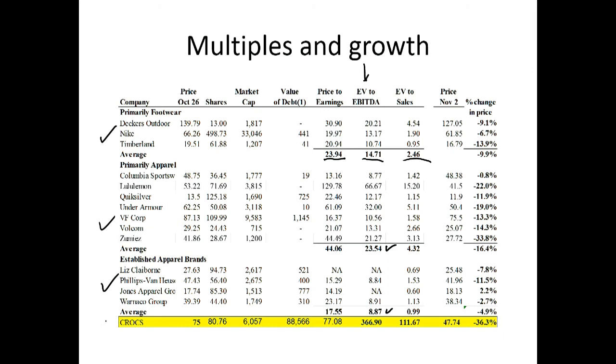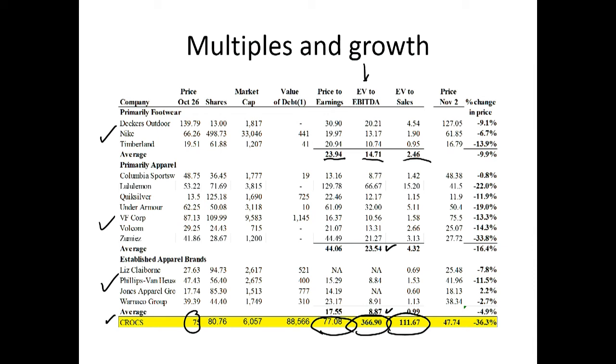I also calculated some multiples for Crocs based upon a price of $75 per share, and we wind up with a price to earnings ratio and EV to EBITDA. If we just took 2007, that's pretty outrageous. If we want to value Crocs with multiples, we have to decide what pot it fits in: primarily footwear, primarily apparel, or established apparel brands.